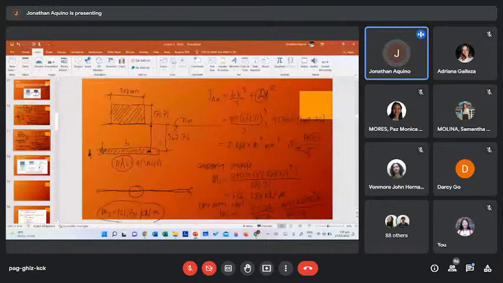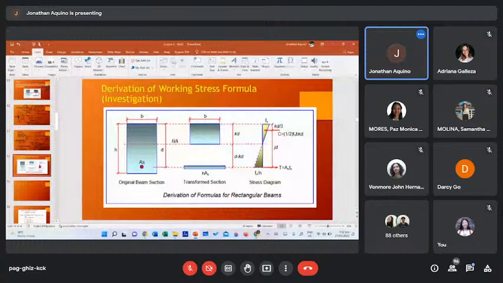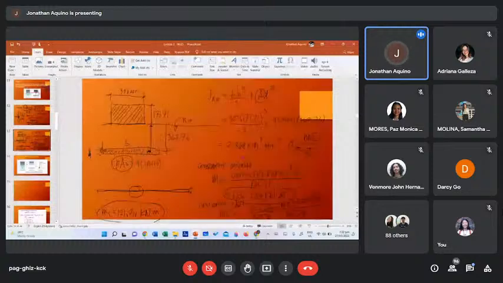So meron pa tawag natin na magpipil muna siya dun sa steel section compared dun sa concrete. Okay? So, for rectangular section, instead of doing this napakaraming solution, we can derive the formula for rectangular section.